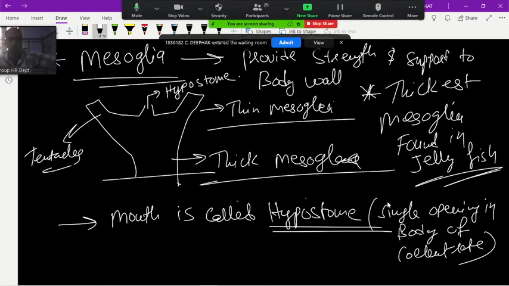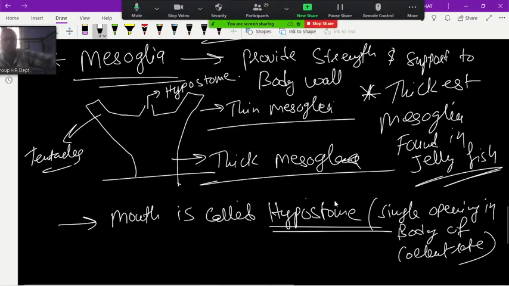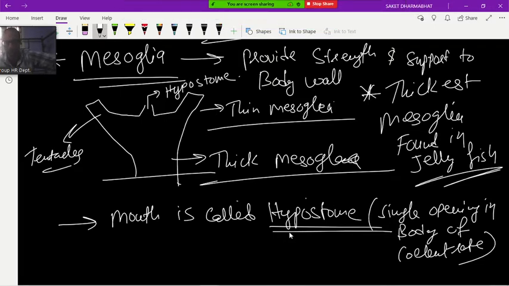Okay, one single opening. So they are eating food through the hypostome and taking out the undigested food through what? Hypostome. Sir, why have you marked the thin mesoglea and thick mesoglea in the hydra? Because see here, what is present? Tentacle. The tentacle is used to catch the prey. If the mesoglea is thick at the tentacle end, it will not move flexibly to catch the prey.